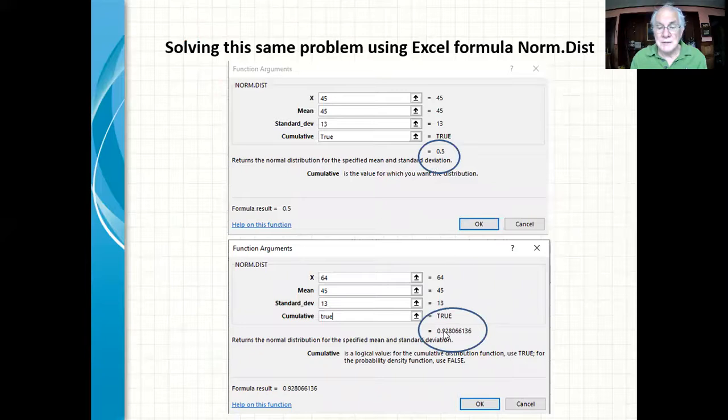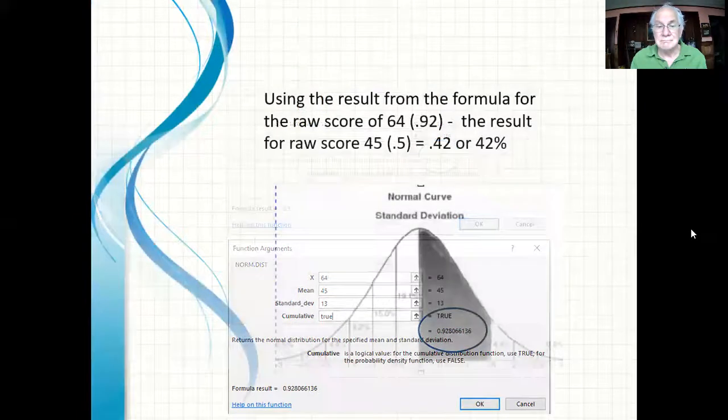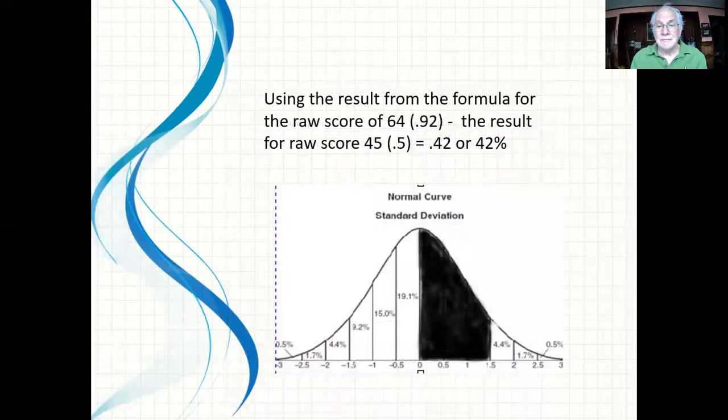So I take 0.928 and subtract 0.5, and it says to me 42%. Well, it could be 0.928, it could be 0.93, so this could be 40.43. Rounding, 40.43 would probably be a more accurate number here. But that's how you would find this area in the process.